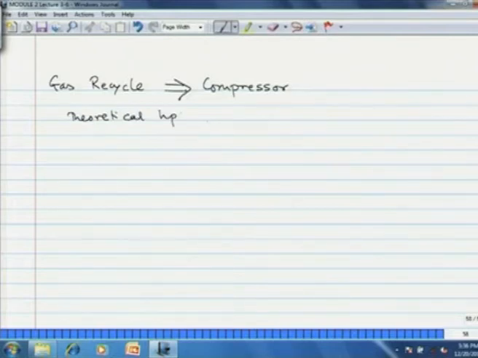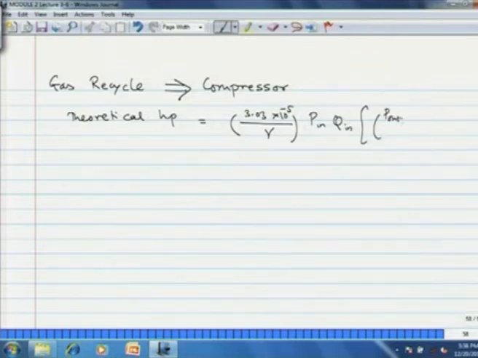for the compressor is given as 3.03 into 10 to power minus 5 divided by gamma into P in into Q in into P out by P in raised to gamma minus 1. Then this is a correlation, remember it is not a formula.